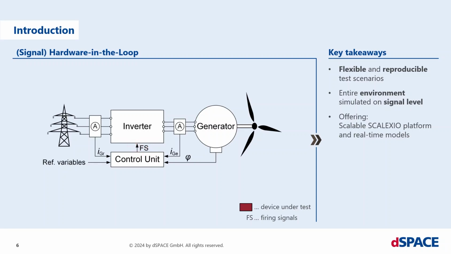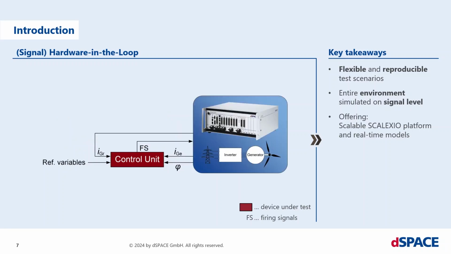When it comes to signal hardware in the loop, for testing the control unit, which is marked here in the red box as device under test, we replace the overall environment by a real-time simulation. But the control unit gets the same signals as it would get from the real environment.